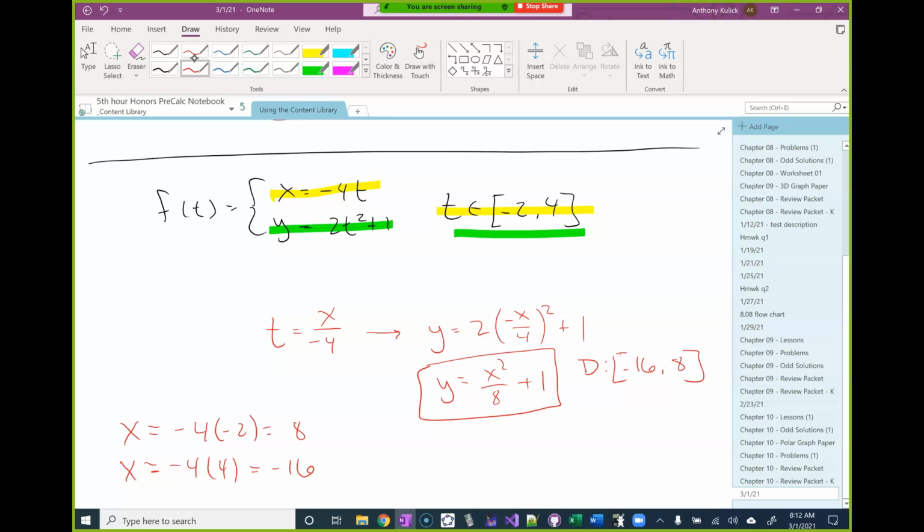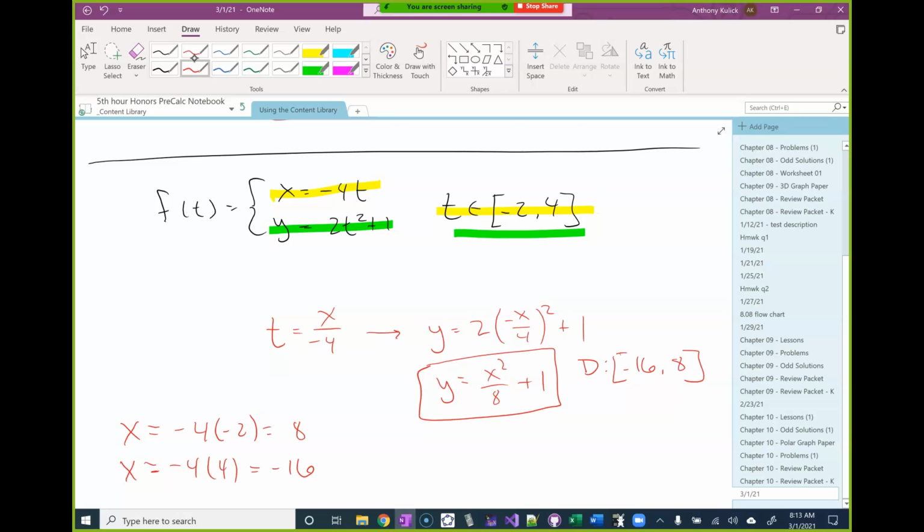So we still need to find that minimum value. Where is that minimum value going to be located? What point on the parabola? Like more generally than that, we have a name for that point, right? The vertex. Everybody agree with that?